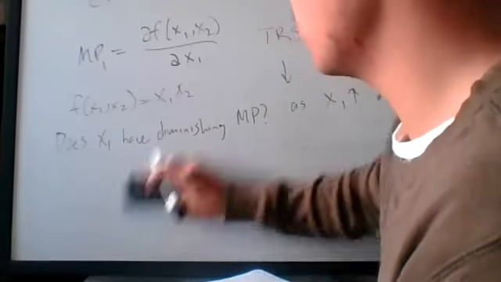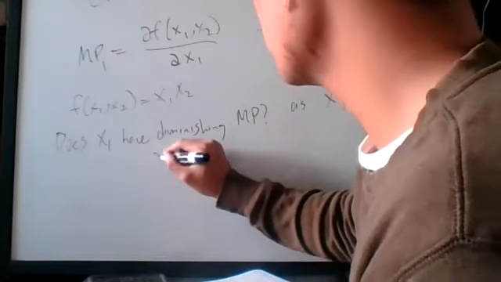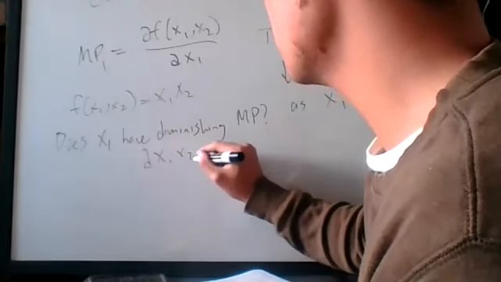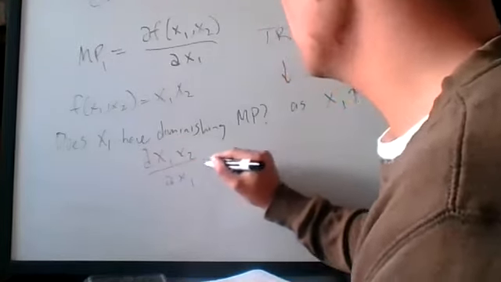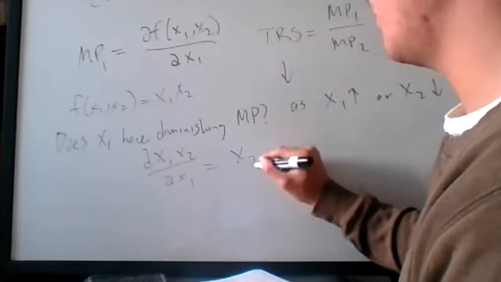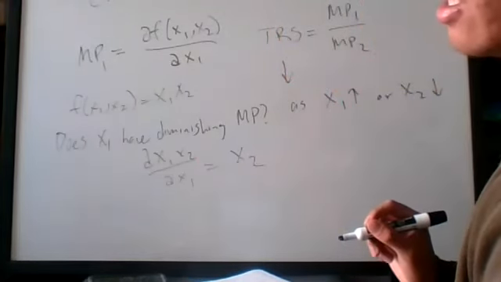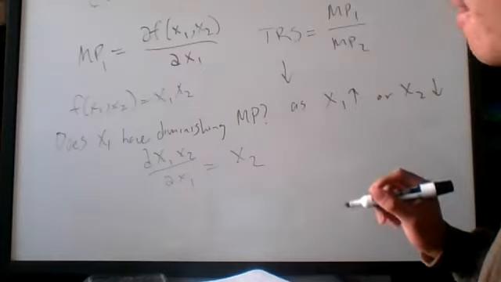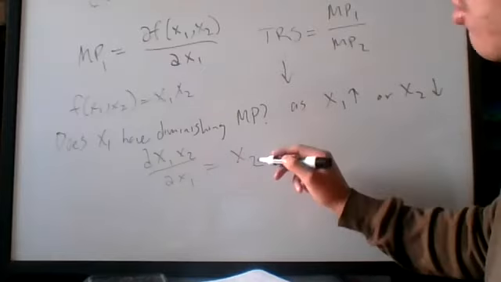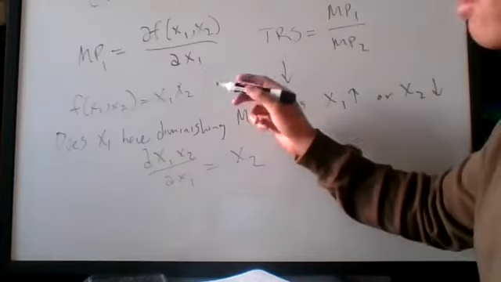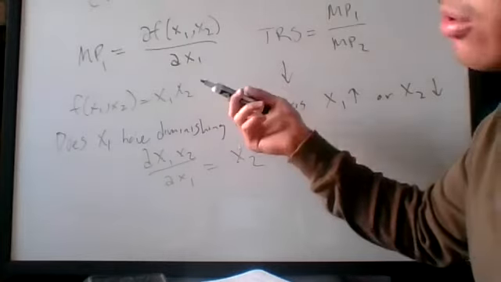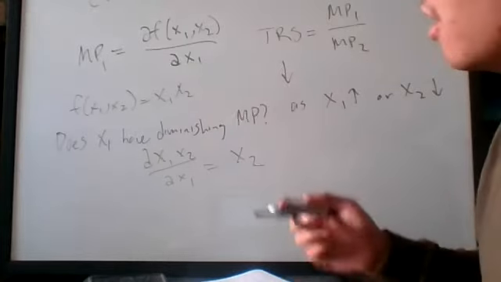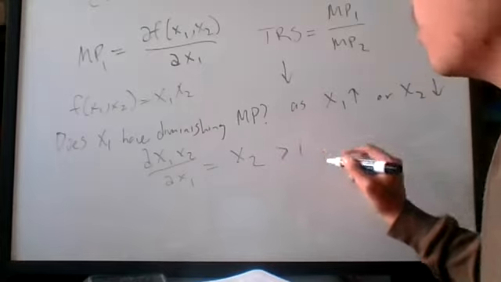Let's just actually do this. The derivative of x1 times x2 with respect to x1 is just going to be equal to x2, right? And x2 is always going to be some positive number, because x2 can't be negative. You can't have negative inputs. So this is positive, right?